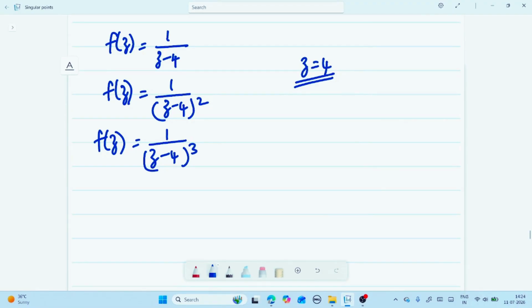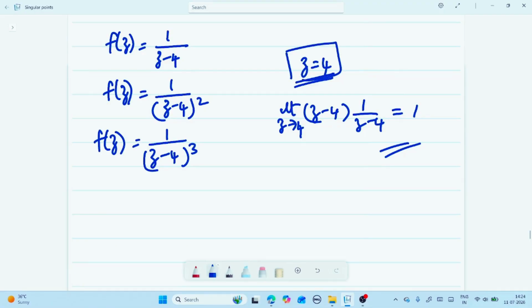Now, here z equal to 4 is an isolated singular point, and we are going to check whether it is a pole or not. In order to check, you will just simply find the limit z tending to 4, (z minus 4) into 1 by (z minus 4), which will be just 1. Okay, so the limit exists, it is finite and non-zero. So, therefore, z equal to 4 is a pole.